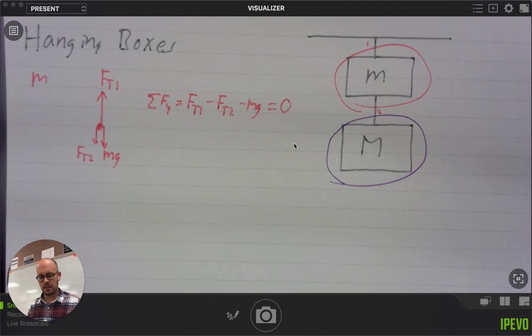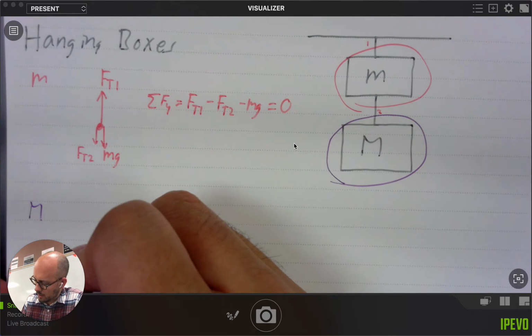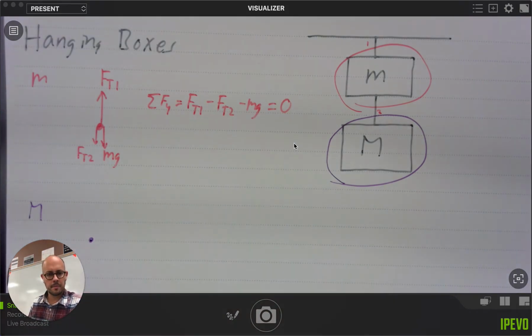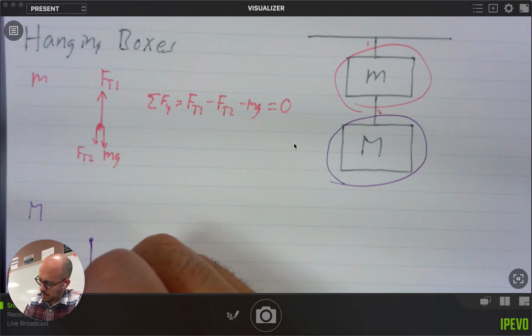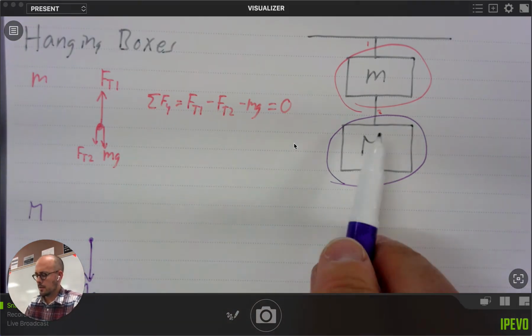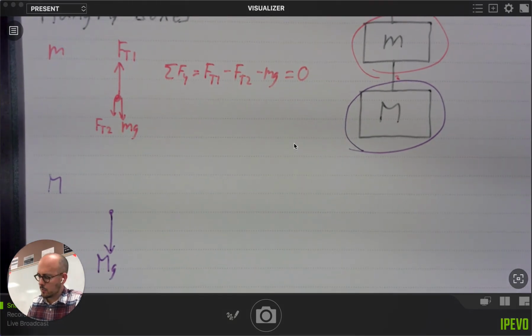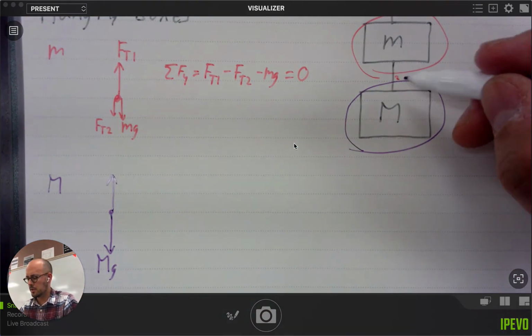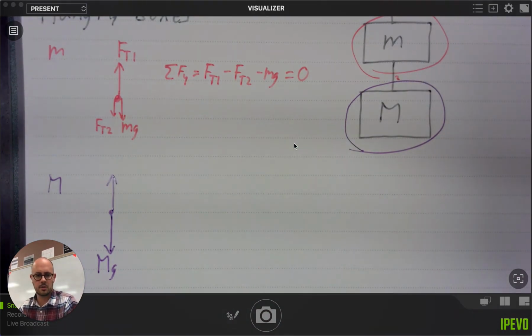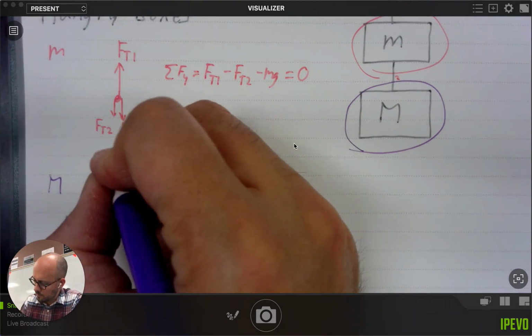So that's little m. And then for big M, it's simpler because there's just the force of gravity, and that's capital Mg, and there's only one rope. Now, because it's the same rope that was attached to little m, I have to use the same tension designation, and so I use that tension was Ft2.